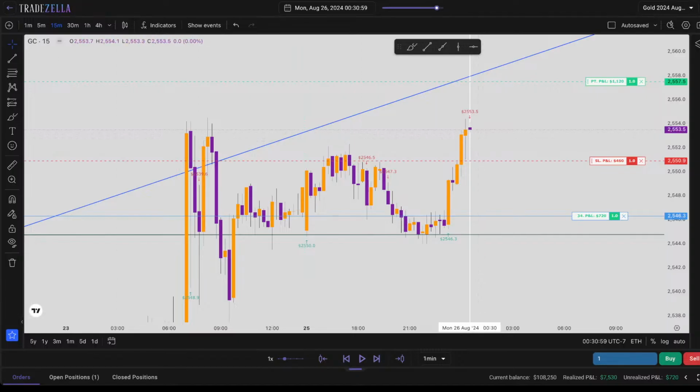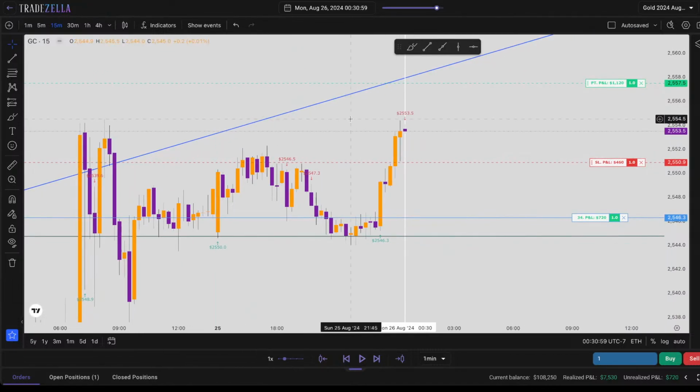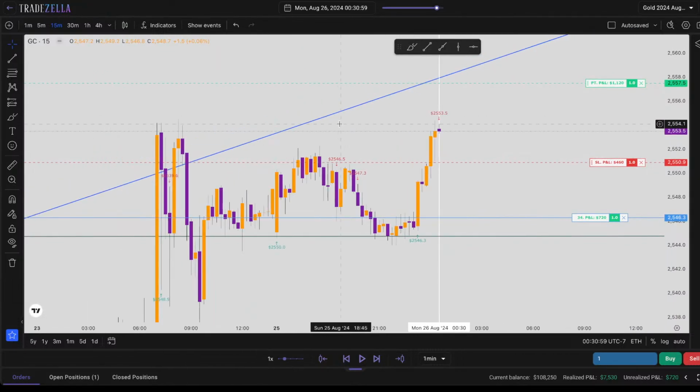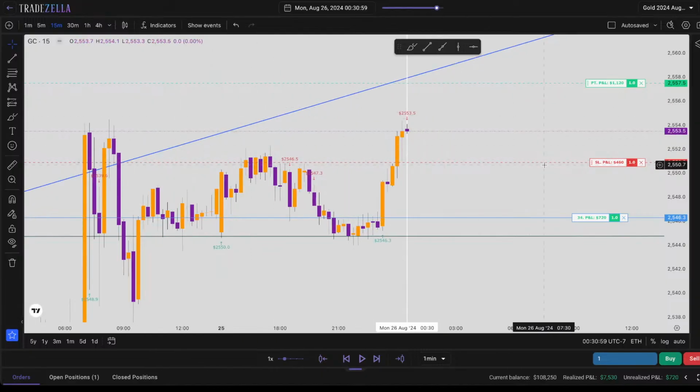We're hoping, you know, what we want to see is that the price does not get back down there. As long as, where are we at? 2550.9.